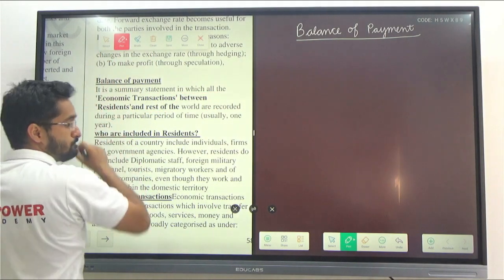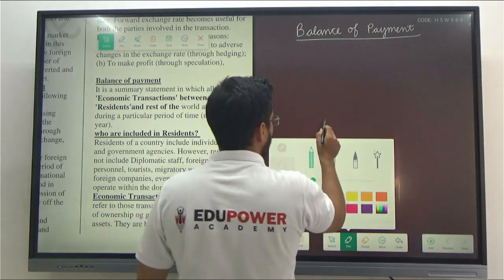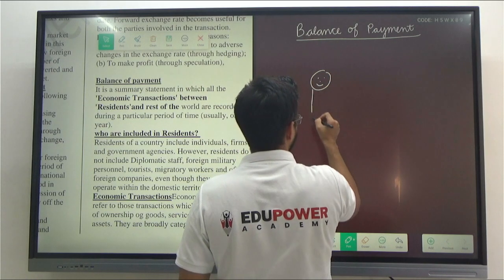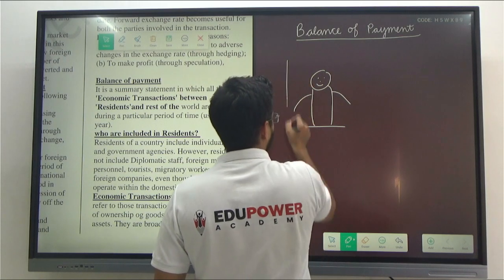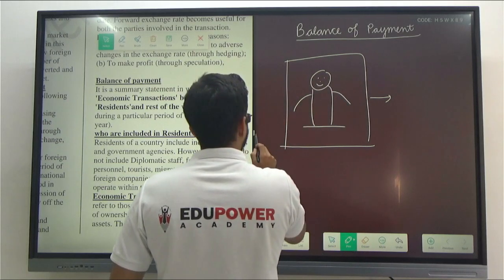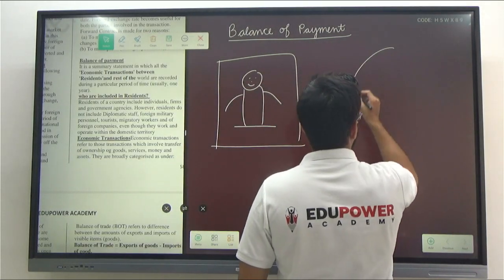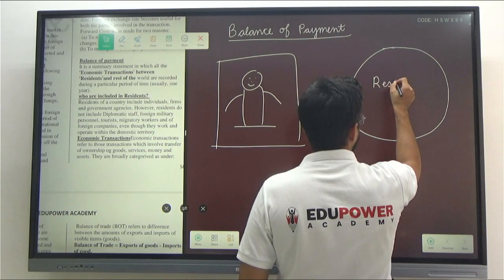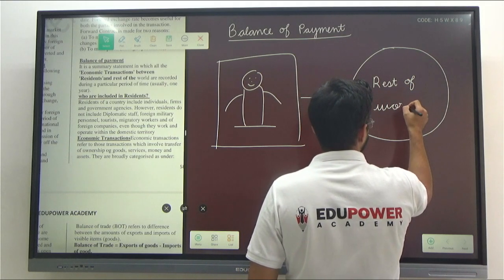Now, economic transactions. So, suppose this is a person in India. Whatever the transactions are between this person of India and the rest of the world, these are the economic transactions.